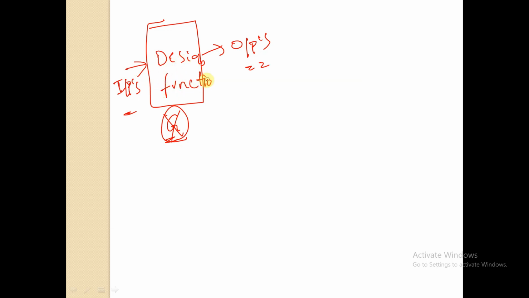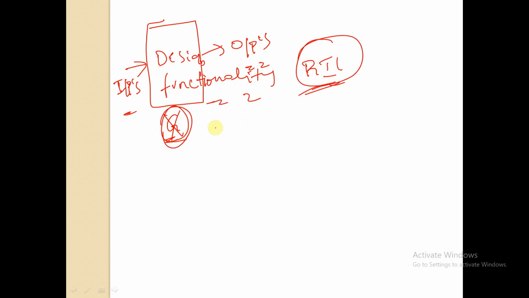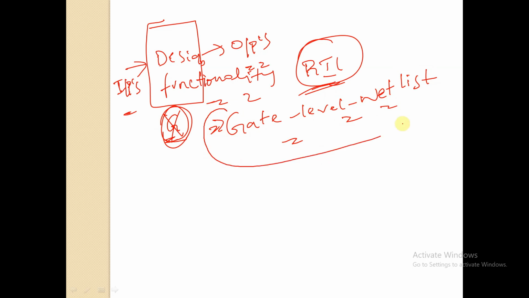He will code the RTL code accordingly, and the synthesizer will take care of generating the gates at the gate level netlist. That level is called the gate level netlist. The tool will convert the code the designer writes into this gate level netlist, and it will convert the design into gates.